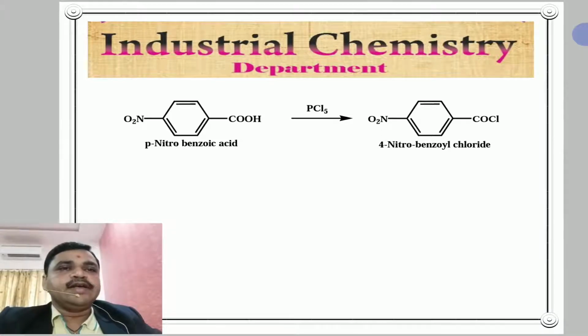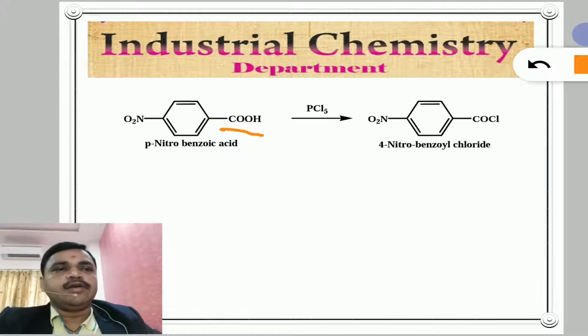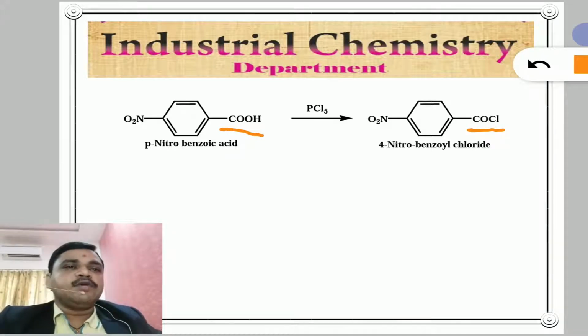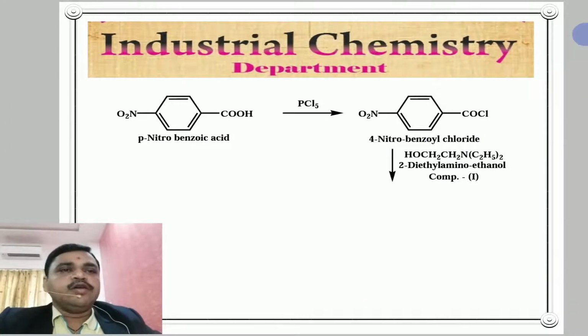So we get 4-nitrobenzoyl chloride. The carboxylic group COOH is converted into carbonyl chloride. Now this 4-nitrobenzoyl chloride is treated with our compound number 1, that is 2-diethylaminoethanol.